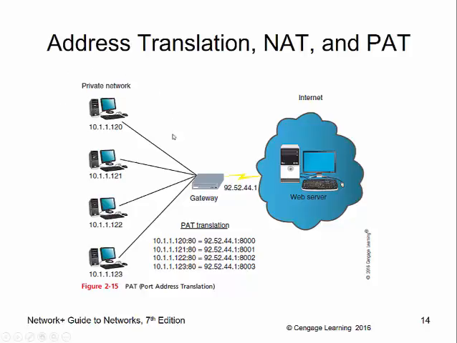My private network inside my house, that's a 10-dot network, and a public network, probably through my ISP, through my cable modem, DSL modem, whatever. I can use private addresses inside. In fact, we're encouraged to. And here's a public address on my public interface of my gateway. So how does this work?